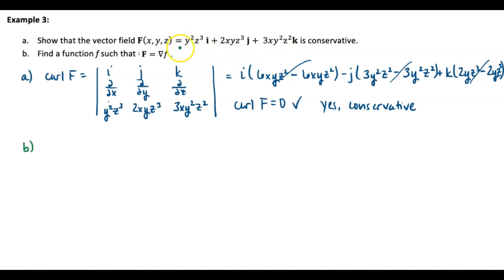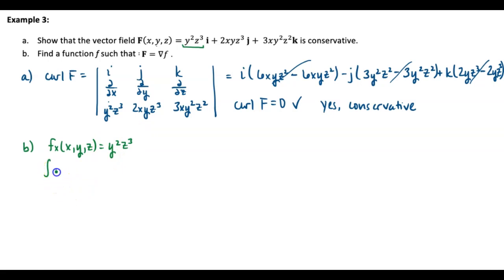Okay, and so let's start off with this i component. Because we're given that the partial with respect to x of f(x, y, z) is equal to y squared z cubed, I want to get to the original function by taking the integral with respect to x, just undoing this partial derivative.